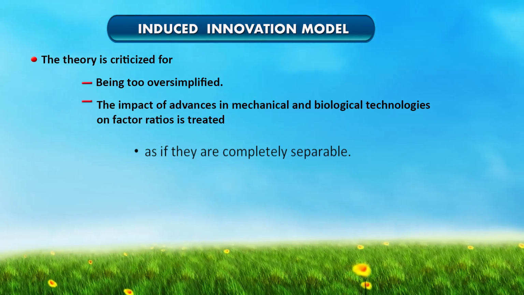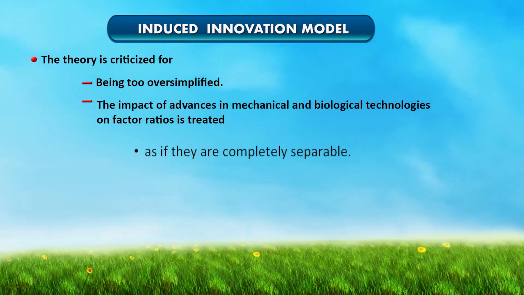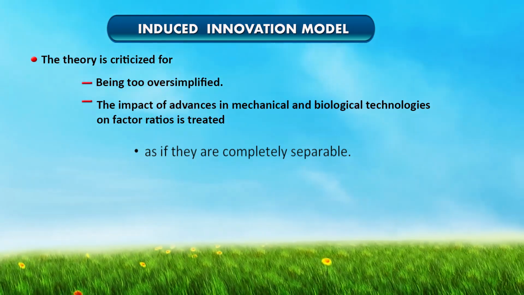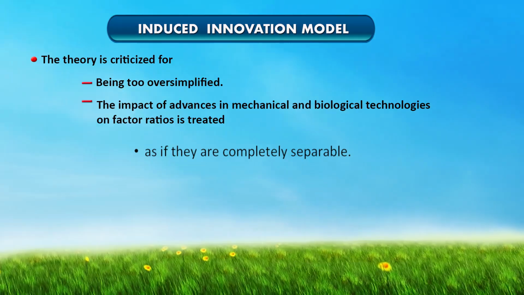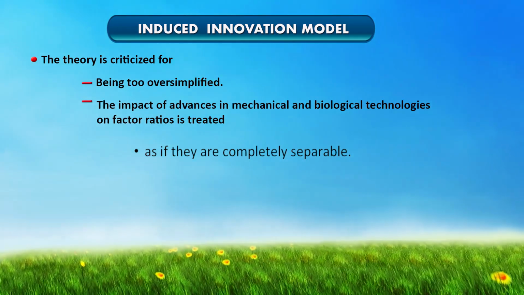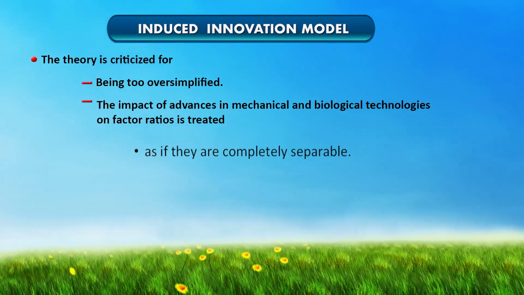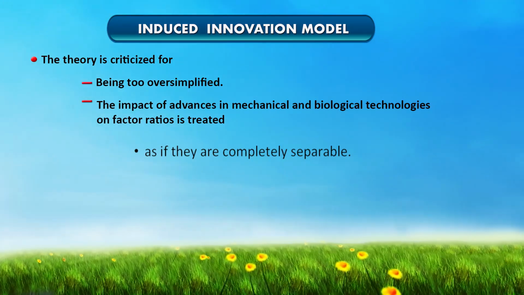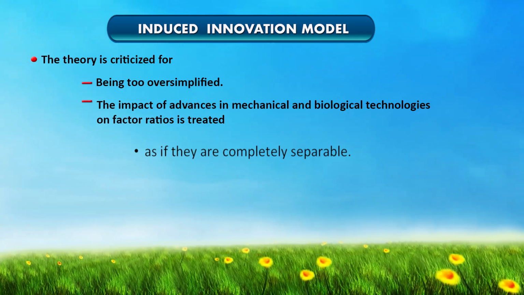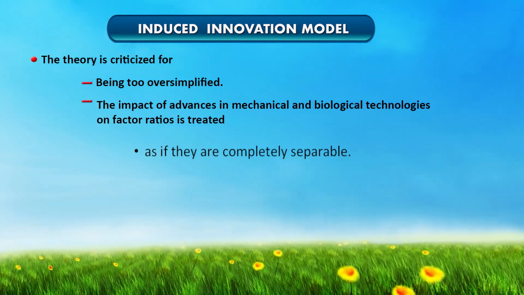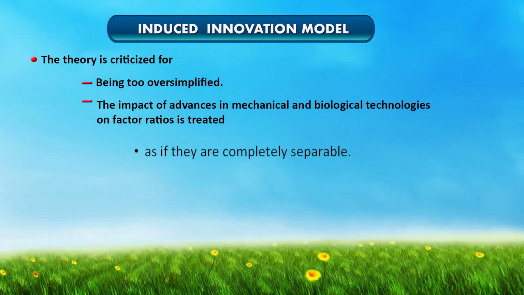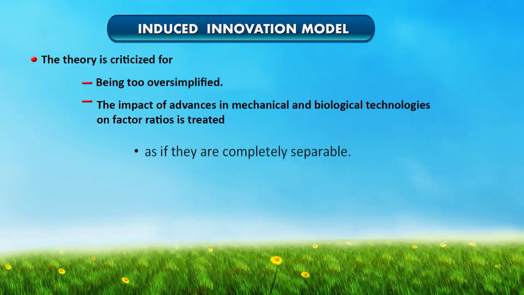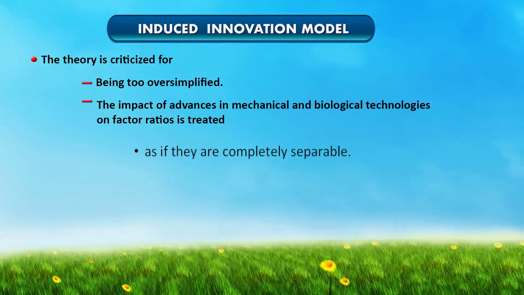In a very simple way, this model explains the role of technology or institutions in the development process of the agriculture sector, and the impact of advances in mechanical and biological technology on the factor ratio is treated as if they are completely separable.